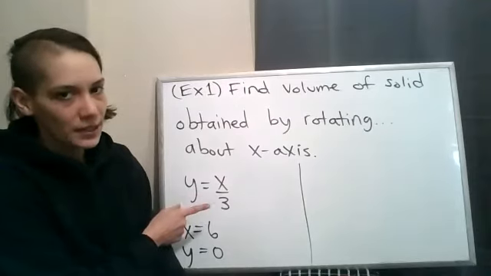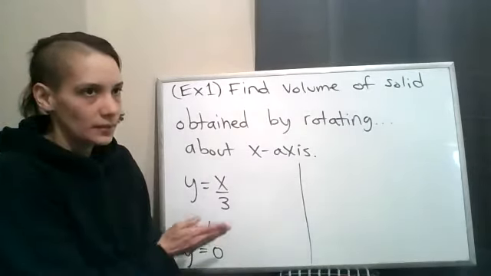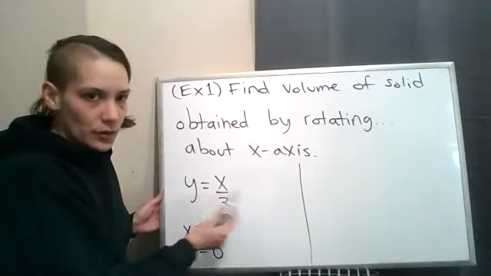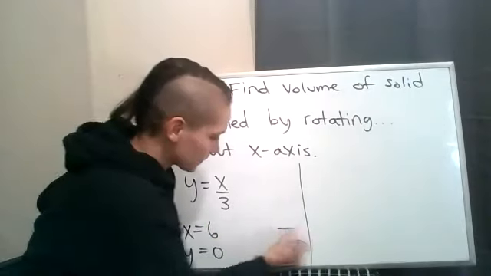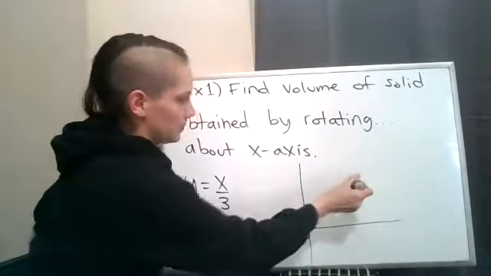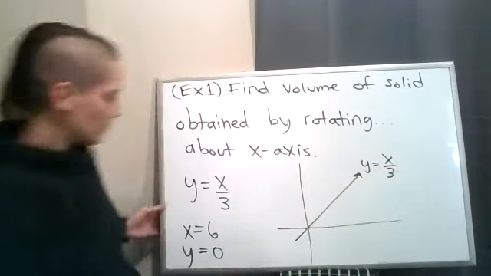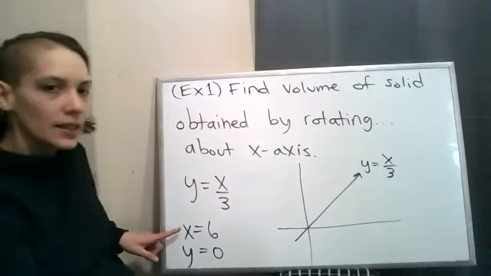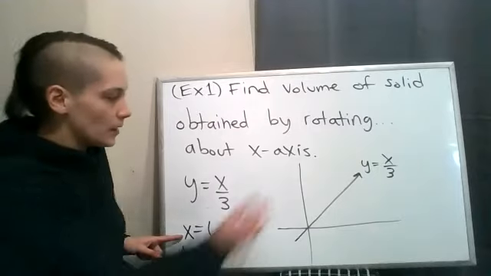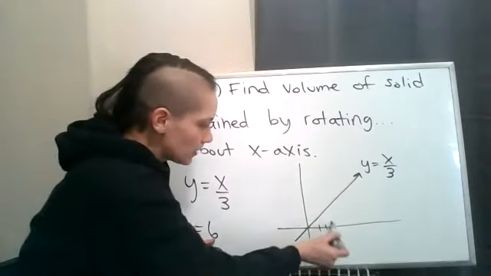So back to drawing a sketch. This is going to be a straight line with a slope of 1/3, and it goes through the origin. Okay, x equals 6. In this equation, y can be any number, but x has to always equal 6.